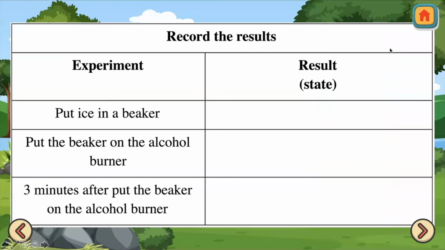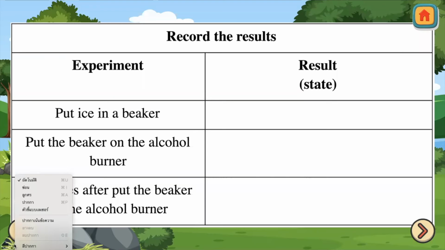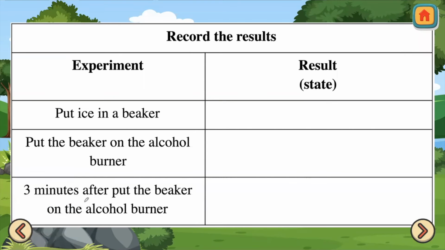Everyone, after the experiment, what are the results that you have seen? I want to hear from Bang Thai. Can you tell me your result? Yes. When I put ice in a beaker, what is the state? The state of matter is solid because it's an ice cube, teacher. Okay, it's a solid.